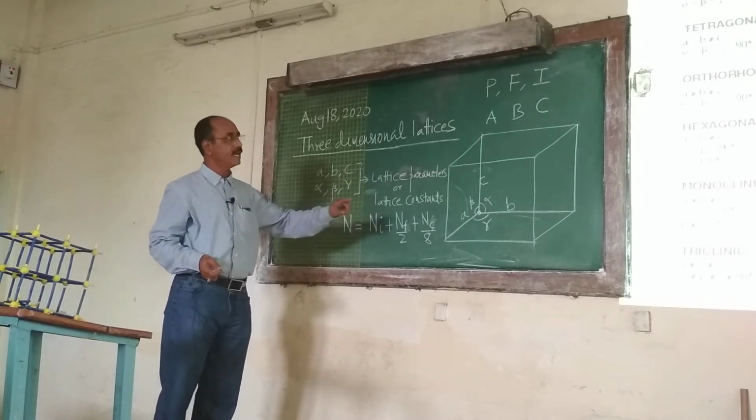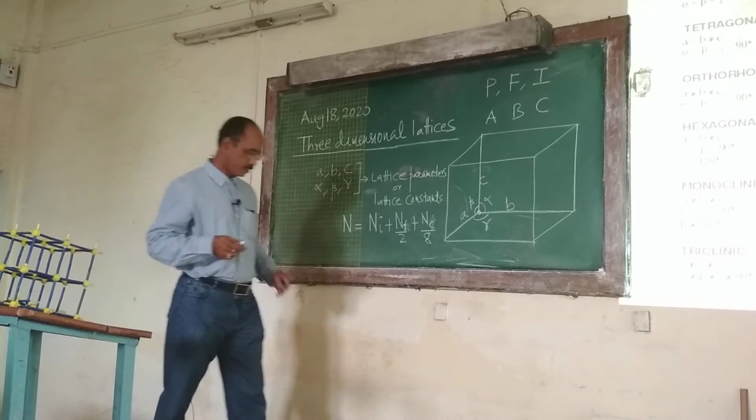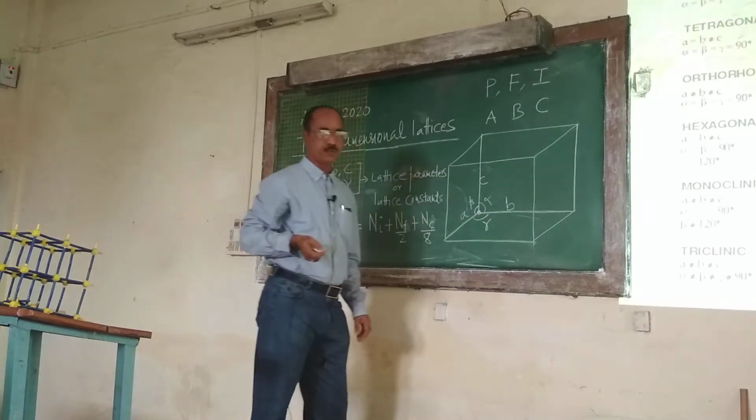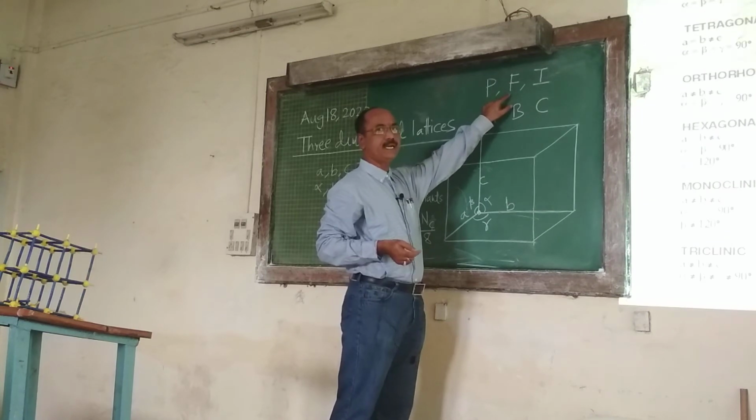There are certain other symbols used in the crystal structure. One is P. P stands for primitive unit cell. F stands for face-centered unit cell.